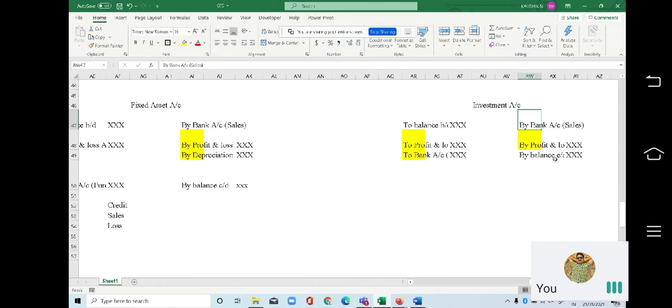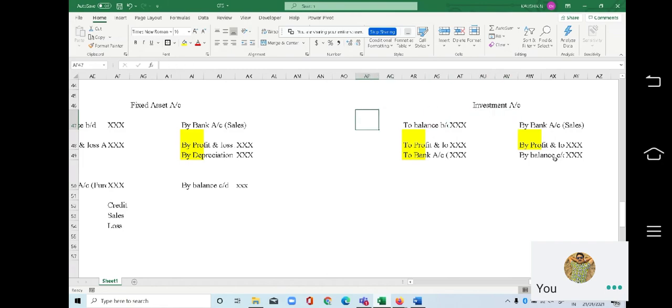So in that case, the sale value will appear on the credit side only, as a balancing figure, by bank sales. This is how we'll prepare our investment account. Any doubt in this one?